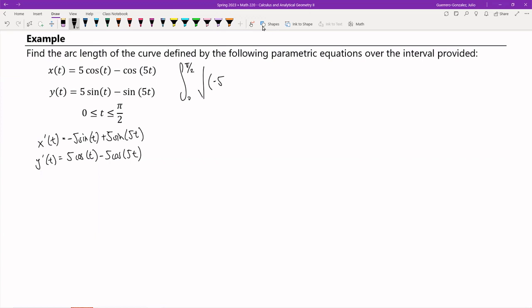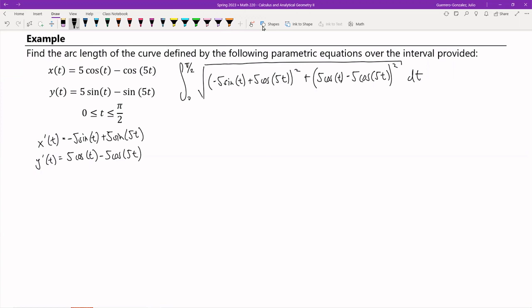I'm going to do the x one first: negative 5 sine t plus 5 cosine of 5t, squared, plus my y prime of t squared, so 5 cosine of t minus 5 cosine of 5t, squared. And now I'm going to put the roof over it. Boom, dt.